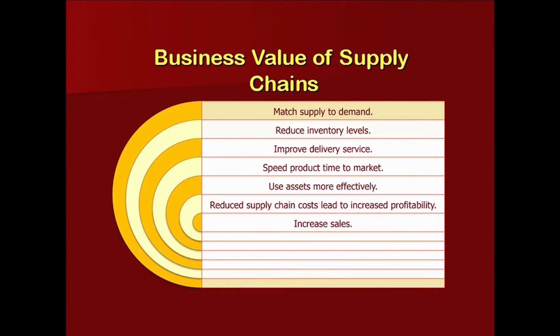Business value of supply chain: match the supply to the demand, reduce inventory levels, improve delivery service, speed product time to market, use assets more effectively, reduce supply chain cost. They lead to increased profitability and increased sales. Now, managing supply chains requires attention on the part of the investor, because your cost is tied up.